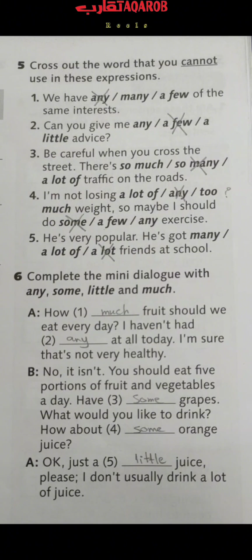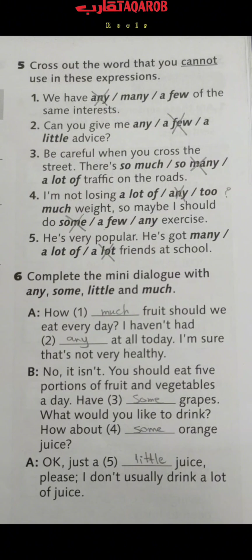Now we have done this exercise. Let's move to exercise number 6. Complete the mini dialogue with any, some, little, and much. A: How much fruit should we eat every day? So, fruit is uncountable. So, we must use much with it because much is used with uncountable nouns.